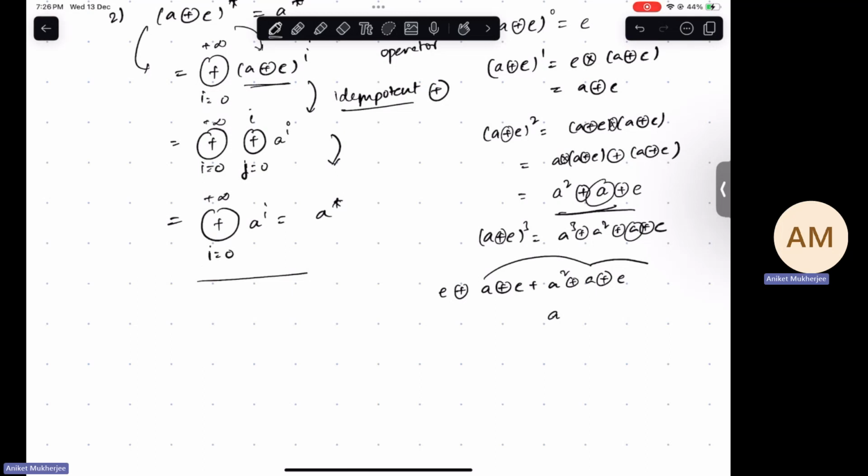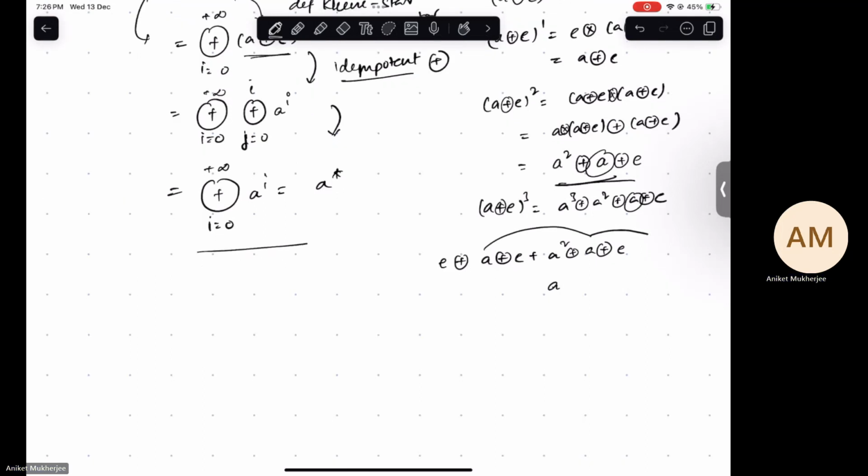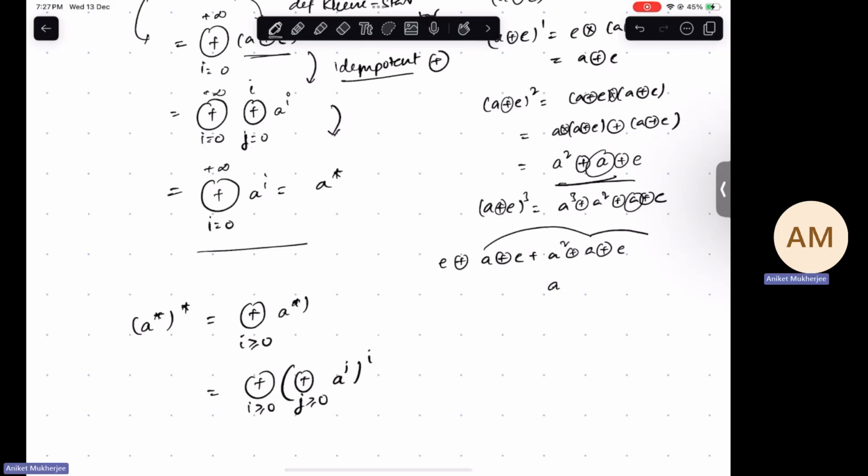Next, we want to show that A star star is A star, right? So now what we want to do is show A star star equal to, so you get the sum over i greater than or equal to 0 over A star^i. This is basically the sum over i greater than or equal to 0 over the sum over j greater than or equal to 0 of A^j, all to the i.